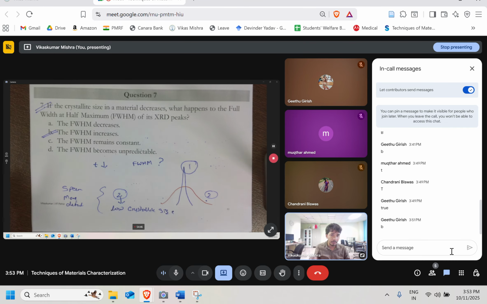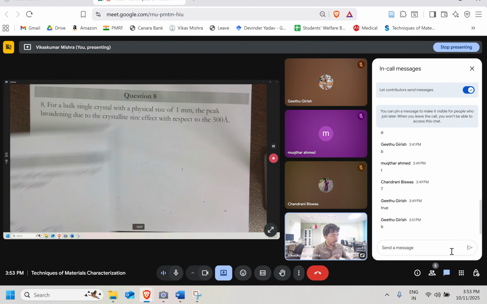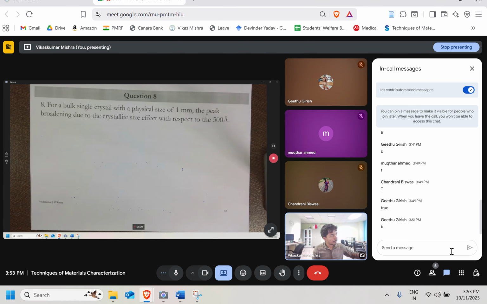If you want to be even more precise, you can go for refinement. So a lot of things are there, but at first glance, we should be able to make a few observations and know what it is going to interpret. So this was question number 7. Let's move to the next part.